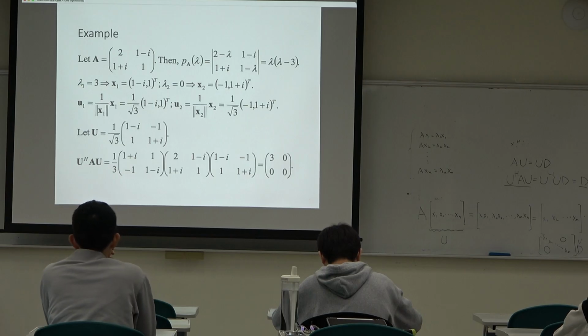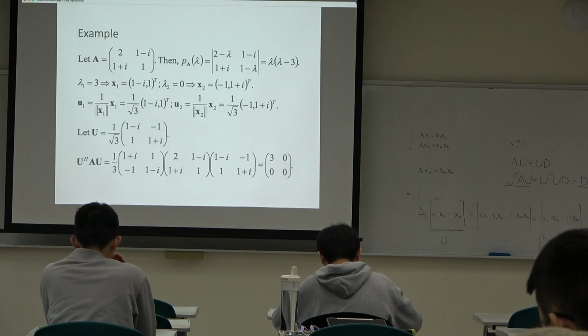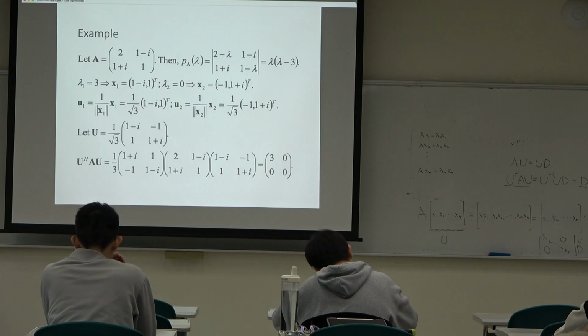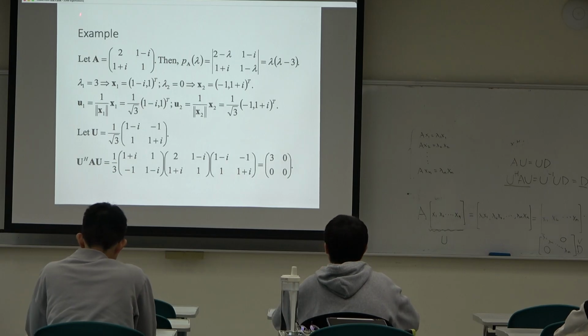You can see that the diagonal elements are real, and the symmetric pairs are conjugate to each other. So the characteristic polynomial P_A of lambda equals this one, and you can easily calculate it: lambda times lambda minus 3. So you have two eigenvalues.